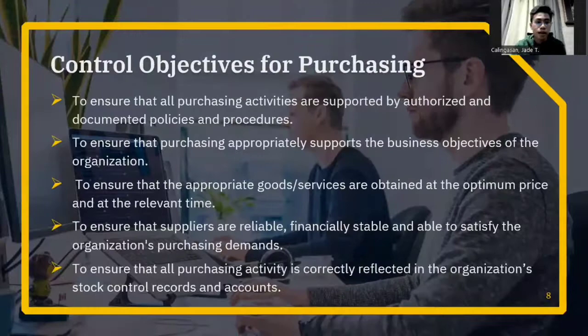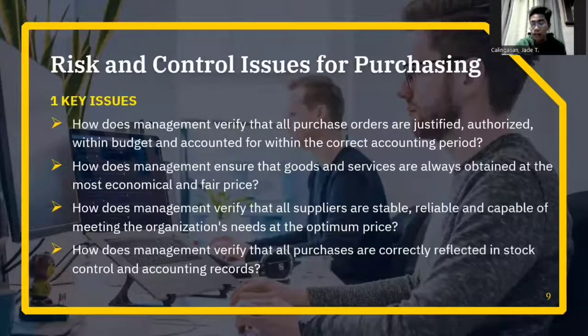And next slide. The next thing that we shall examine is the relative risk and control issues for purchasing, which is divided into key issues and detailed issues from the purchasing activities. The key issues here are: how does management verify that all purchase orders are justified, authorized, within budget, and accounted for within the correct accounting period?